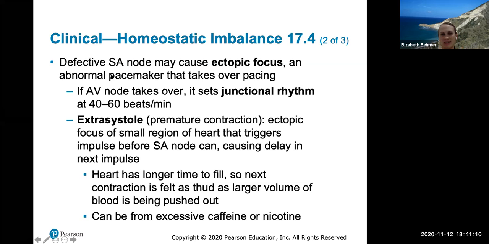So if your SA node is defective, some other part of the electrical conduction system takes over and you could get an extra or premature contraction. It gives longer time for the heart to fill, so the next contraction will be felt as a thud as a larger volume of blood is being pushed out, and it can be from excessive caffeine or nicotine.